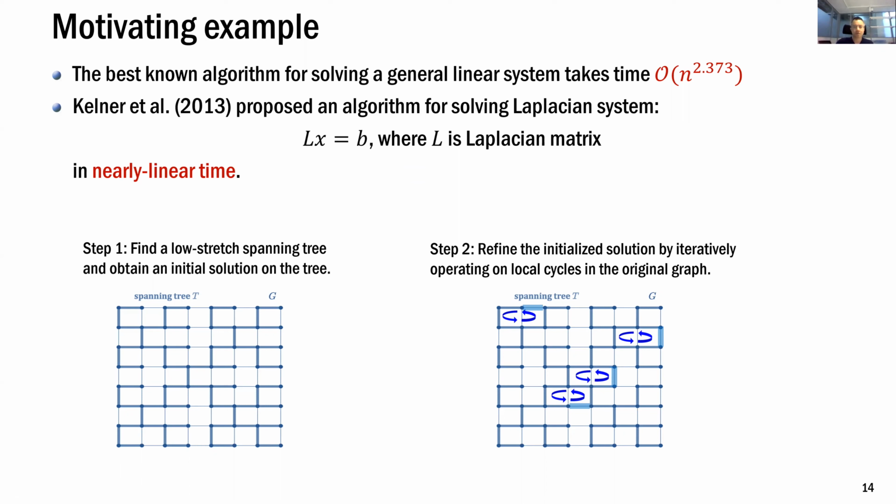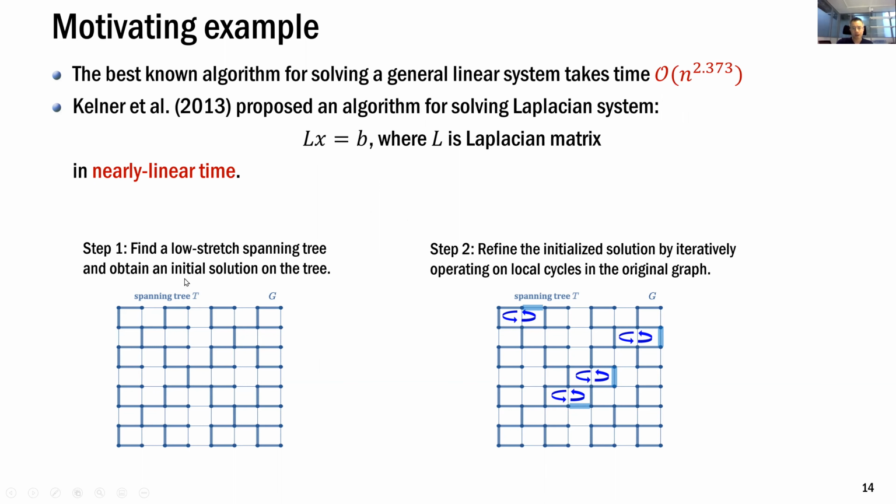And you try to find the solution of a linear system, where X is the solution you're trying to find and B is the right-hand side vector. If you just treat it as a general linear system, then the best algorithm you can have is performing the matrix inversion times B, and it's going to be O(n to the power 2.373), where n is the number of nodes in the graph.